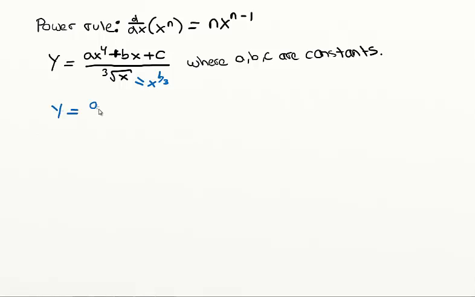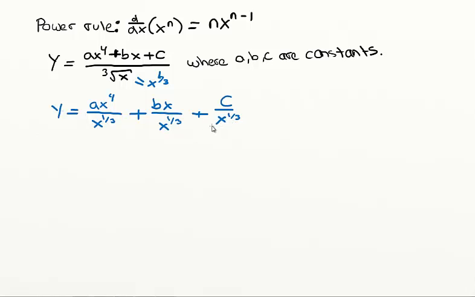So first we have a x to the 4th all over x to the 1/3. Then we have plus b x over x to the 1/3. Then we have plus c, and that is also over x to the 1/3.